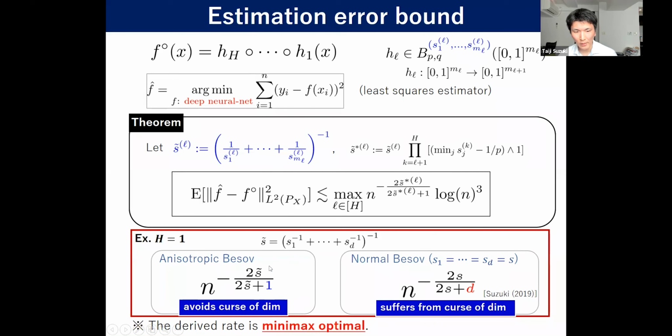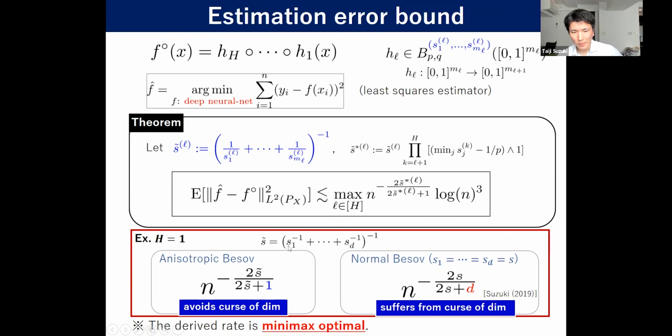So instead of s and d, there appears s tilde. s tilde is defined like this: the summation of s_1 inverse to s_d inverse, and we take its inverse. This is a kind of reciprocal sum of the smoothness in each direction.